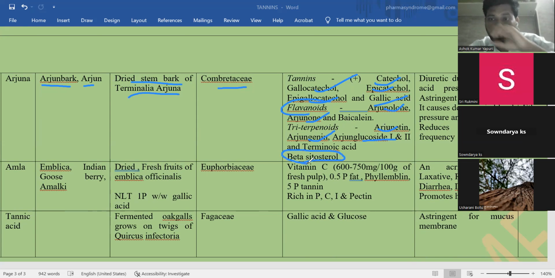The beta sitosterol present in Arjuna may have an effect on the cardiovascular system and can decrease the blood pressure. So the main chemical constituents are arjunetin, arjunolone, and beta sitosterol.